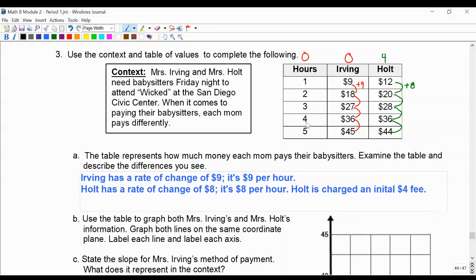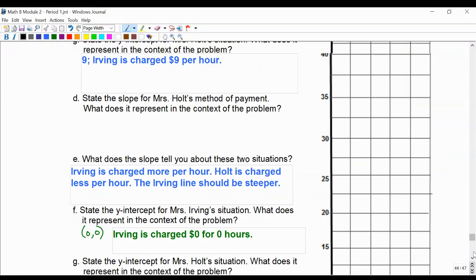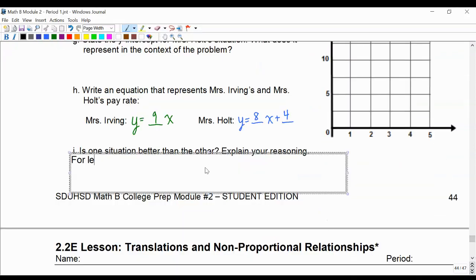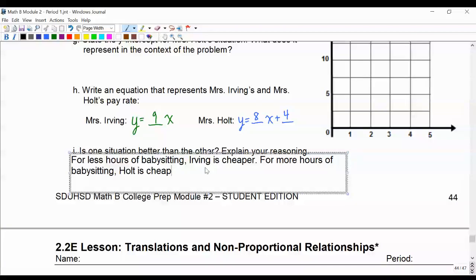But if I'm going to go for a long time, it looks like it might benefit me to go with Holt, which has a less cost per hour. So we'll say something like that. So for less hours, I'm going to choose Irving. Holt's going to be cheaper.